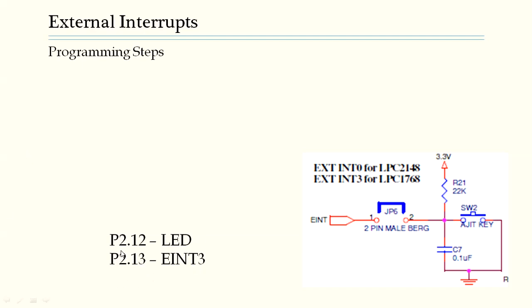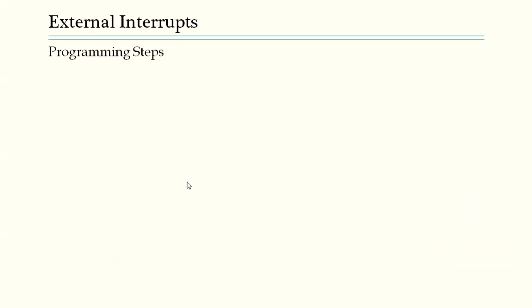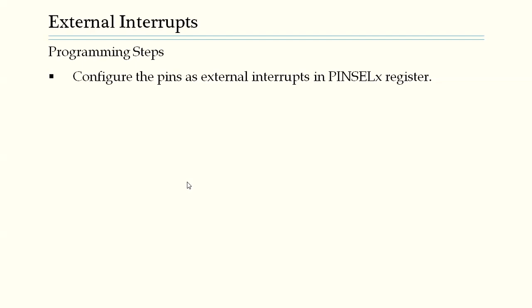And then there is an LED which is connected to P2.12. Please remember, P2.12 has the LED connected, and P2.13 we are going to program as external interrupt 3. What are the steps?